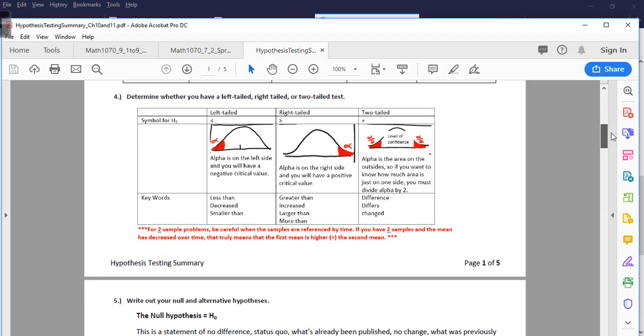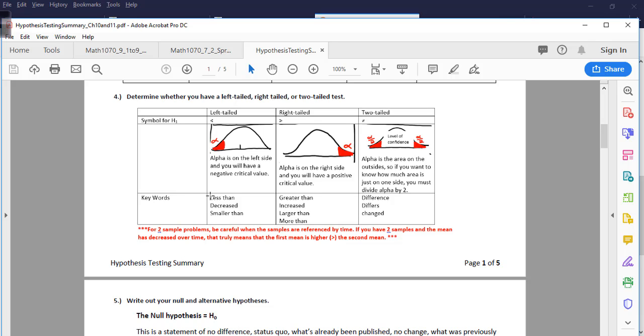Once we have identified our parameter and we know whether we have one sample or two, and we've checked to make sure that we can actually do hypothesis testing, then we move on to step number 4, identifying what type of tail test you have. Left tail test: for your alternative hypothesis, you're going to be using less than.